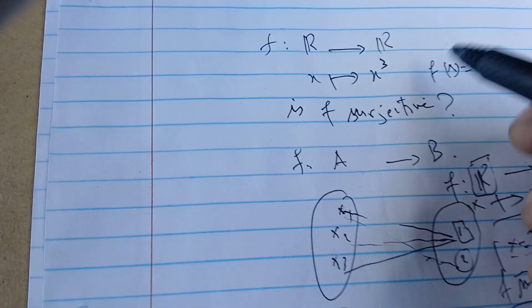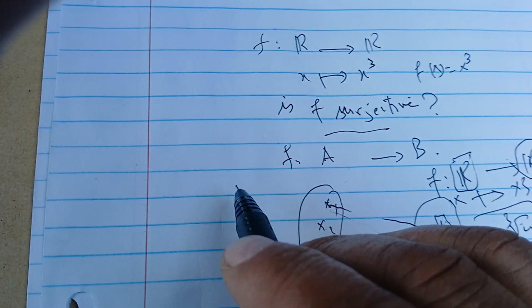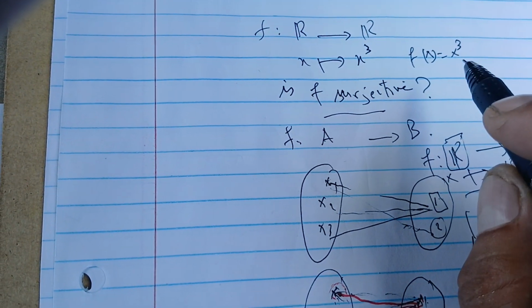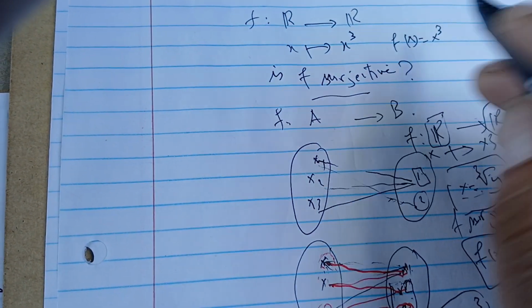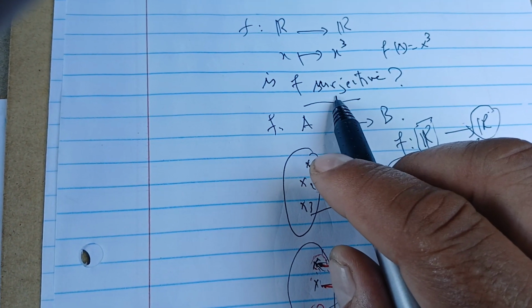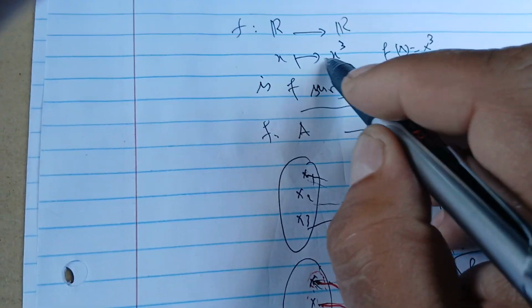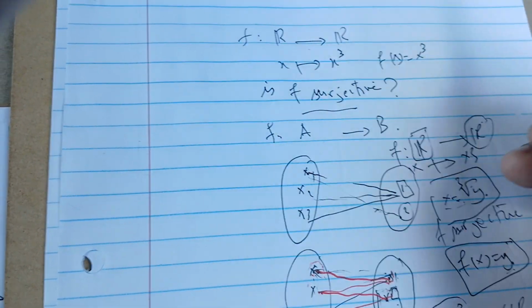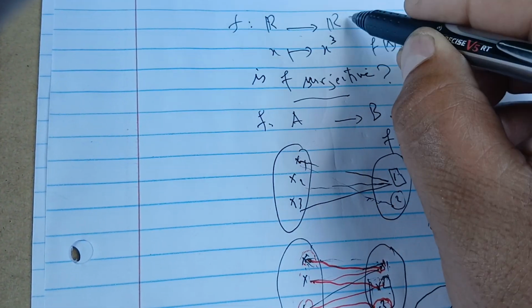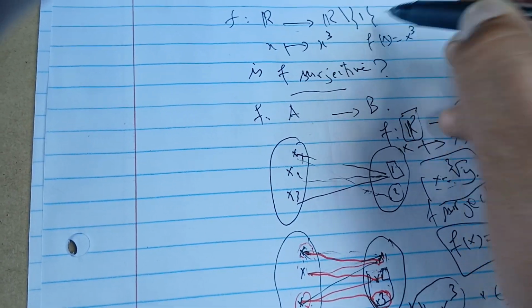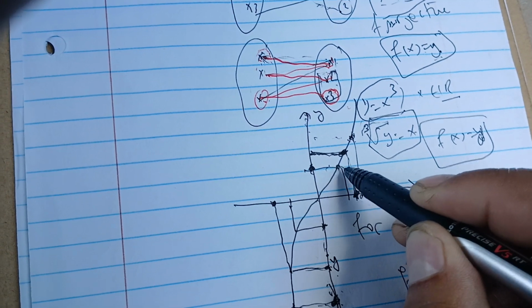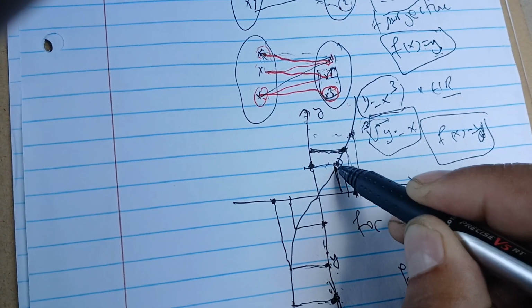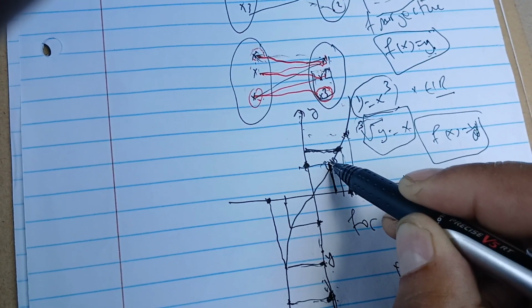To prove that f is not surjective, what you can do is show there is some y that didn't get hit by any x. If we have this function defined from R onto R minus 1, we remove the 1.